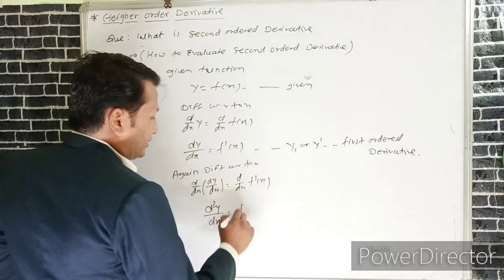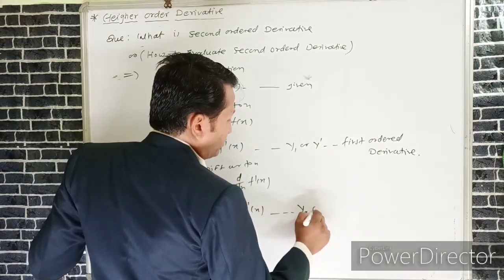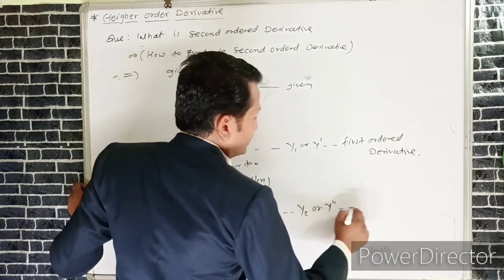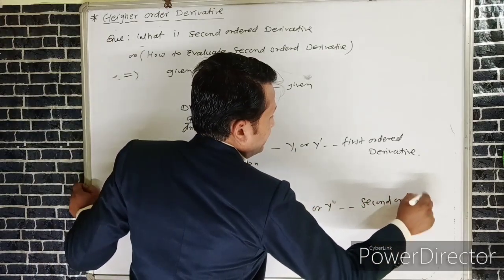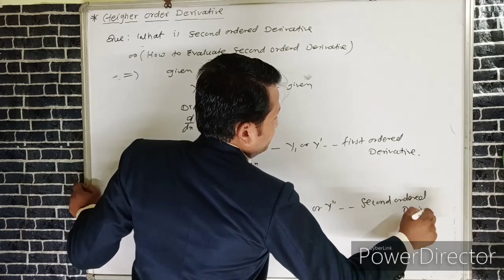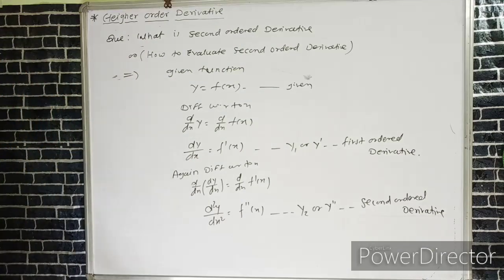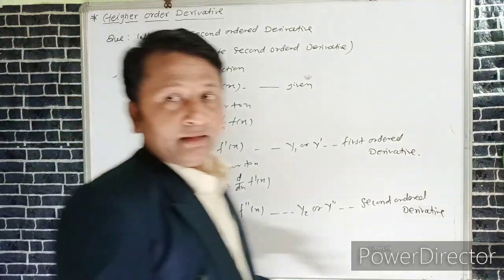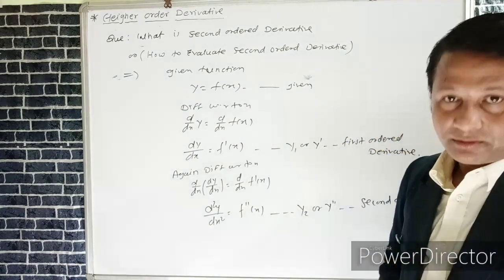We get f double dash of x, also called y2 or y double dash. It is called the second order derivative, which is also a higher order derivative.